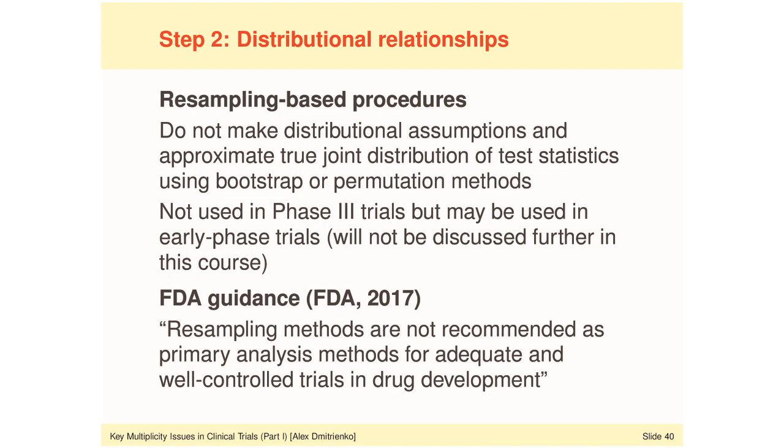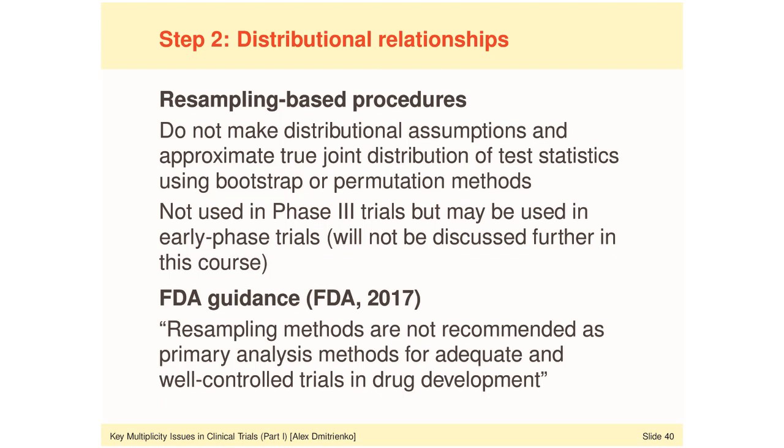Because of this, resampling methods are not recommended as primary analysis methods for adequate and well-controlled trials in drug development. It may, however, be useful and instructive to compare the results of resampling methods with those obtained using conventional methods in order to gain experience with and understanding of resampling methods, their properties, advantages, and limitations.